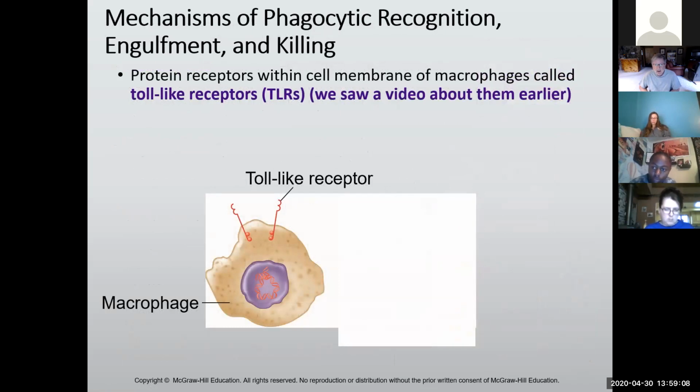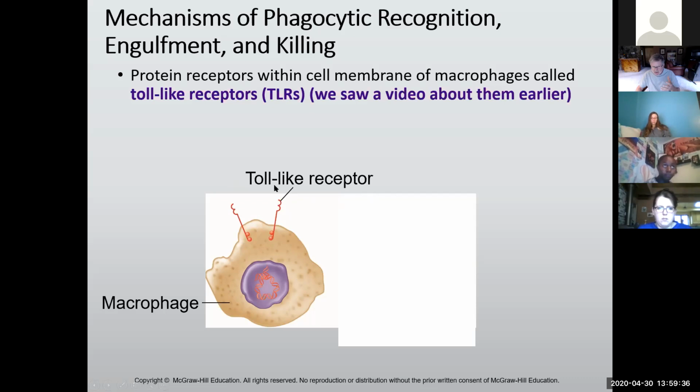This is talking a little bit more about how white cells have those surface pathogen recognition receptors, PRRs. This is just one example of a PRR, which the video that I asked you to watch will talk about. So this is the eyes of the macrophage, right? This is what's going to bond with, if you will, the foreign invader.